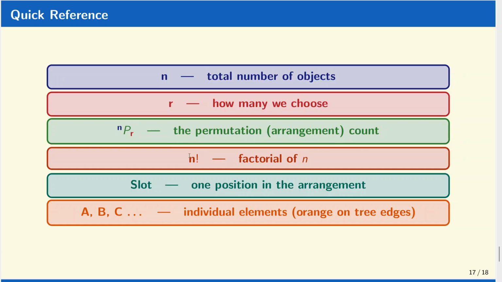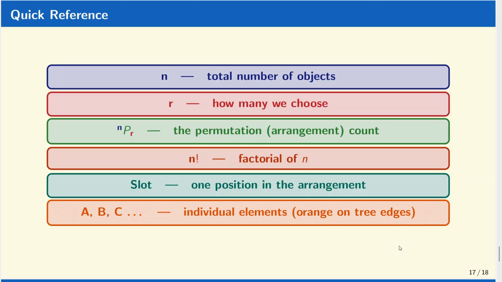The letter n followed by an exclamation mark is read as factorial of n. The word slot refers to one specific position in the arrangement we are building. And the letters A, B, and C, and so on, represent the individual elements, which were the orange letters sitting on the tree edges in our earlier diagrams.